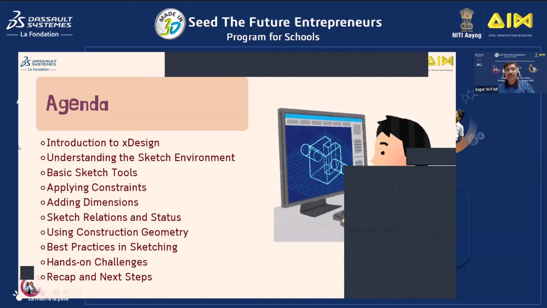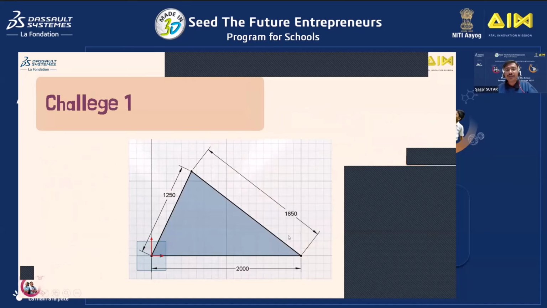All right, so now let us start with challenge one. Those who have already logged into the 3D experience platform, who are accessing through tab or through mobile or through machine, they can try to create this triangle. The triangle has three dimensions: one is 2000 mm, 1850 mm, and 1250 mm.